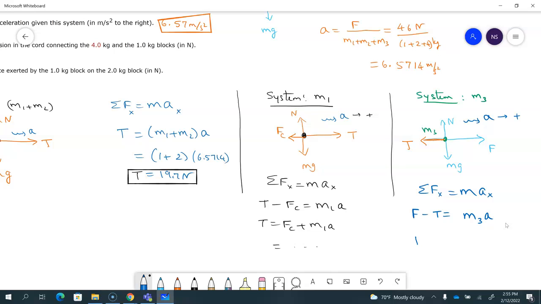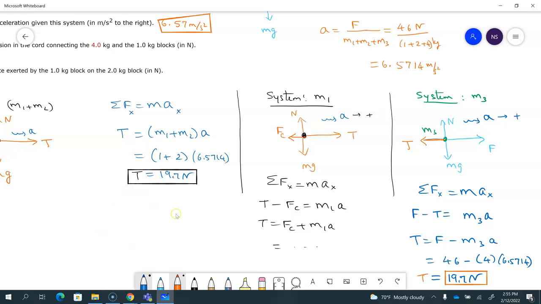So tension T would be force minus m3 times A. So that's 46 newtons minus m3 was 4 kilograms, times acceleration 6.5714 meters per second squared. So that is 46 minus 4 times all that. So that again gives me 19.7 newtons, right? So you have options. You have more than one way to do it. So that's the tension T.